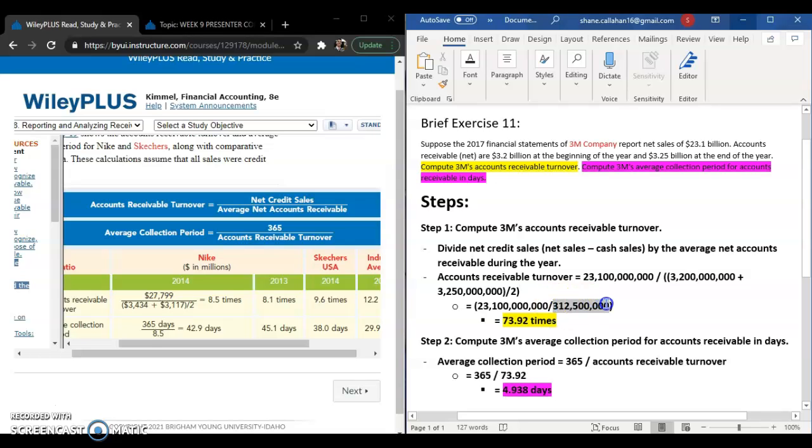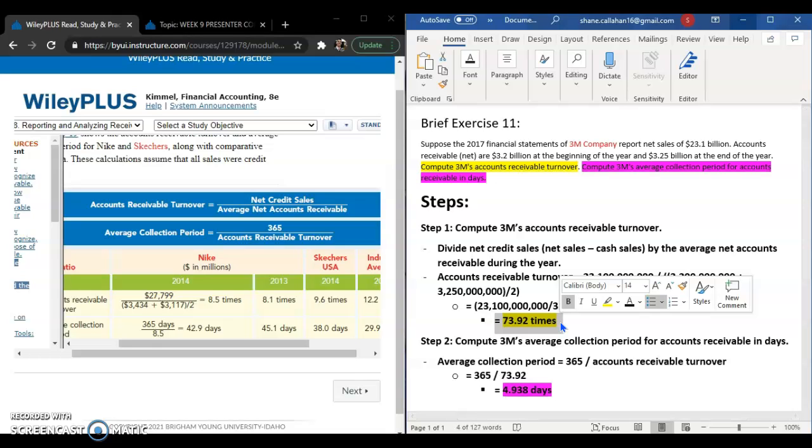Once you got that answer, you would then divide $23.1 billion by 312,500,000, and you would get 73.92 times. So that's the amount of turnover. So you can turn over roughly 73.92 times. So cool.